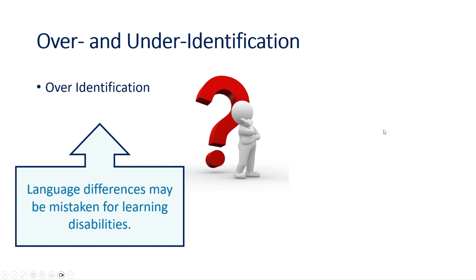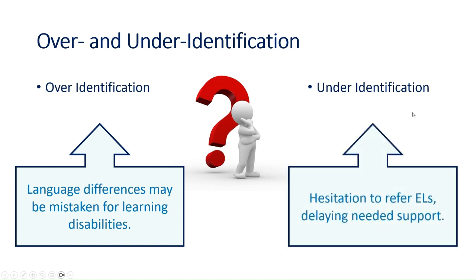And then, interestingly, there is also a concern about under identification. Some schools and teachers may hesitate to refer English learners because they want to avoid over identifying these students, and this may actually delay needed support when they actually need special education.